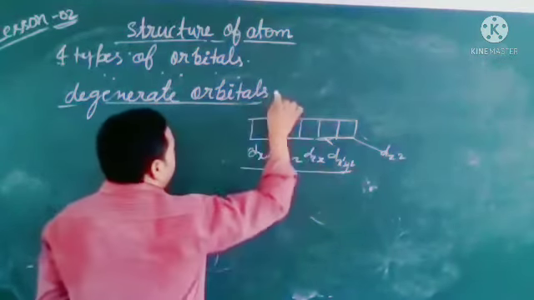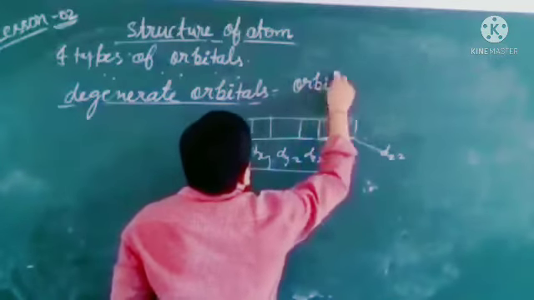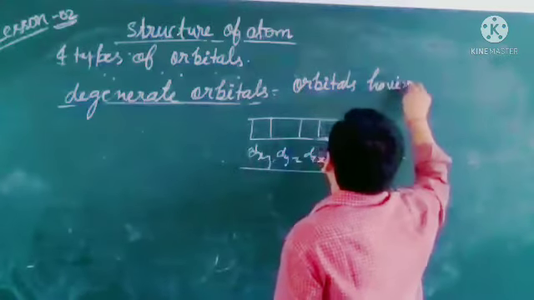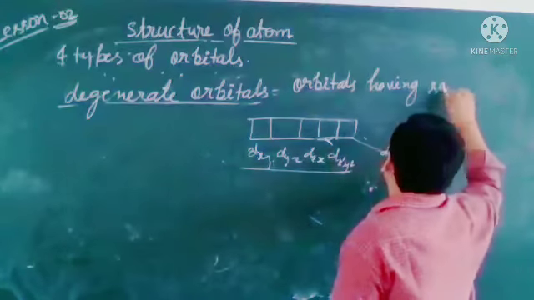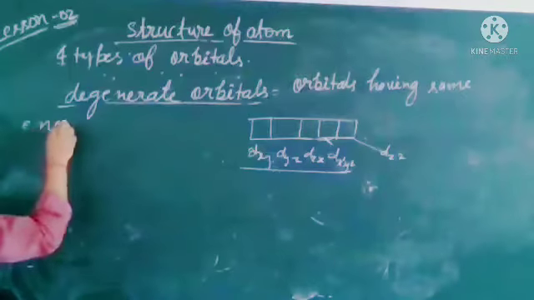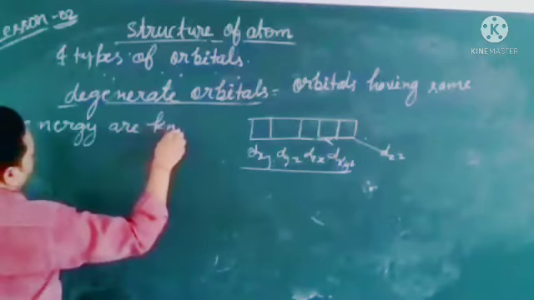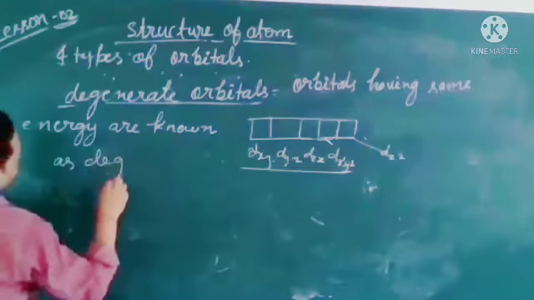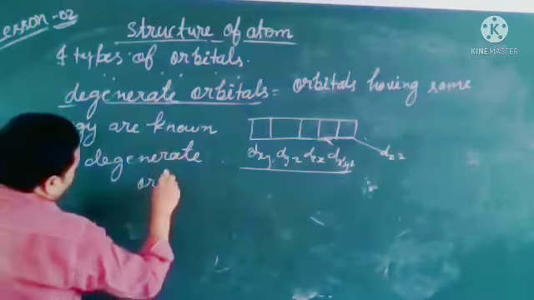So what do you write? Orbitals having the same energy or equal energy are known as degenerate orbitals.